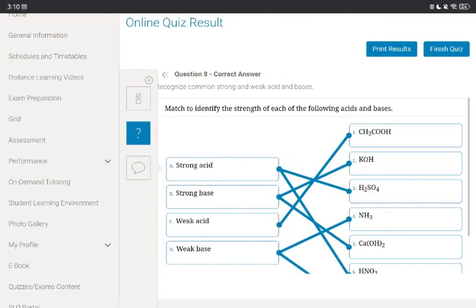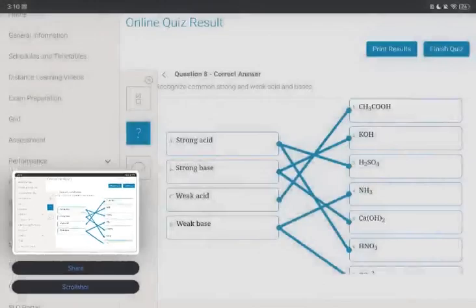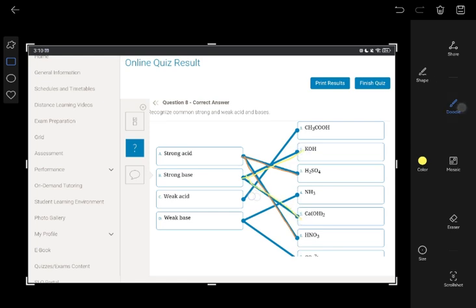Here again, it's mainly just memorization. Strong acids. Let me do everything in different colors because it's confusing me too. Strong acids. Strong bases. You have weak acids. You have one weak acid here, and then you have weak bases. No, not blue.